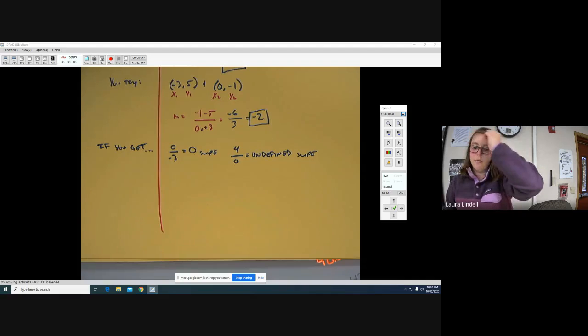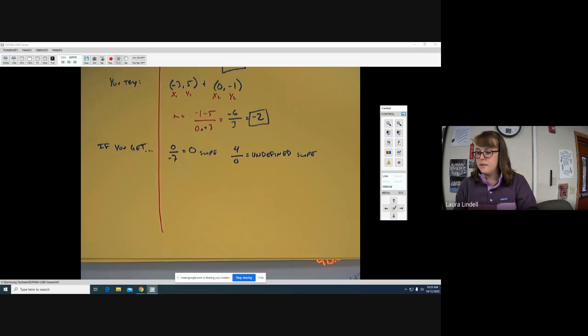Now we're going to shift gears. We've reviewed slope a little bit. Now we're going to talk about slopes of parallel lines and slopes of perpendicular lines. If your lines are parallel, they are going to have the same slope.